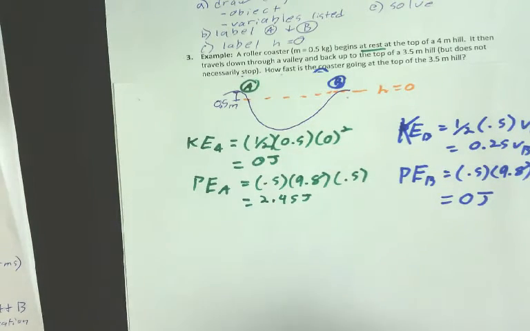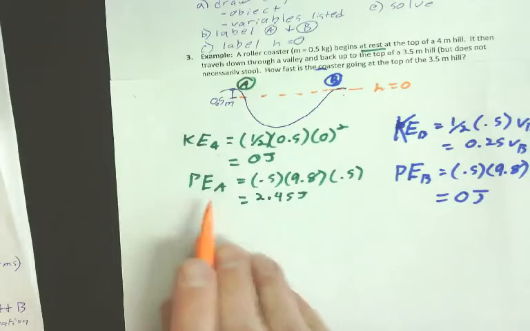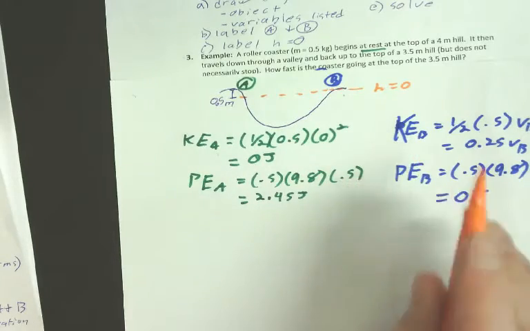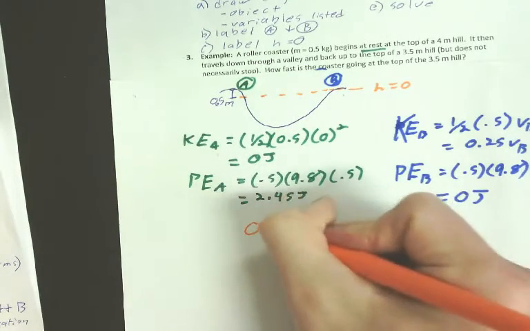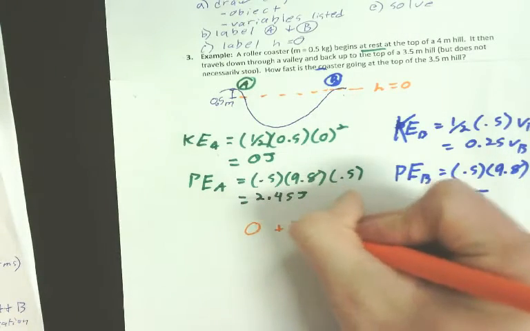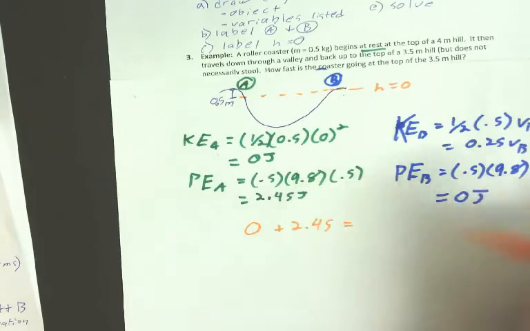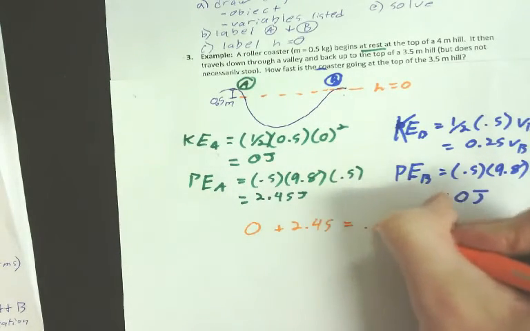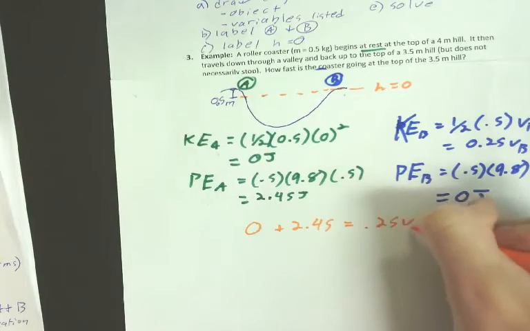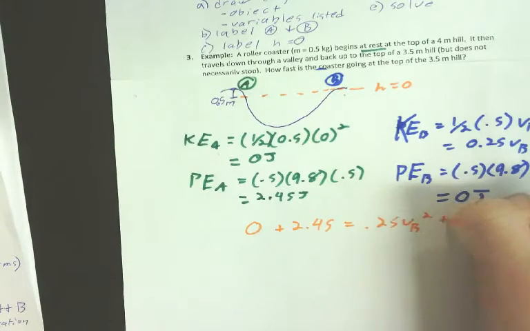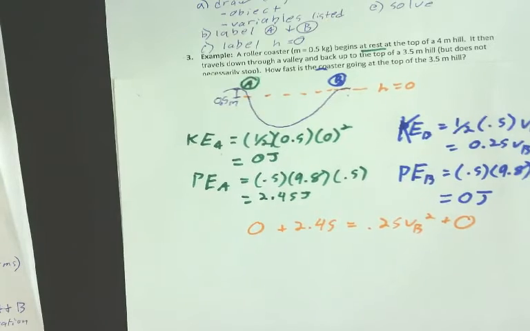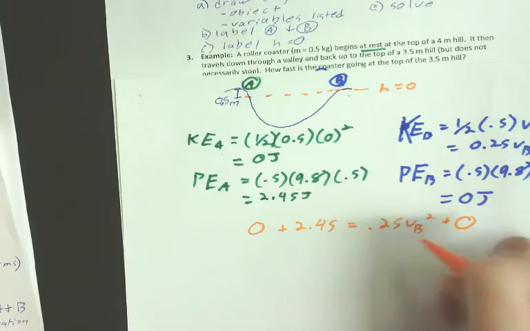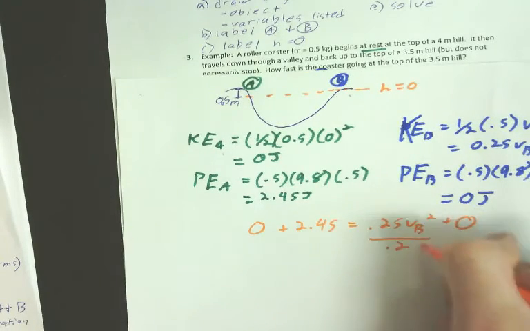So, KE at A plus PE at A equals KE at B plus PE at B. So the KE at A is 0. PE at A is 2.45. KE at B is 0.25 VB squared. Potential at B is 0. Okay, we need to get the numbers to the other side. In this case, the only number is 0.25.